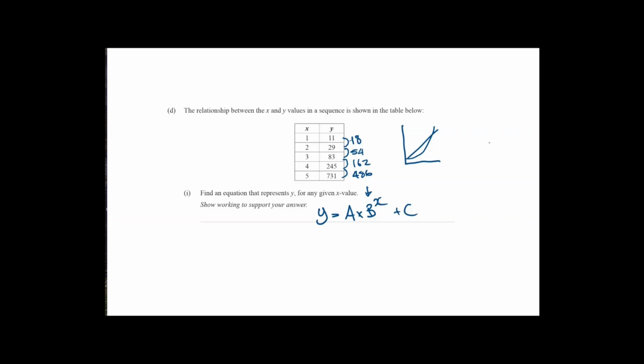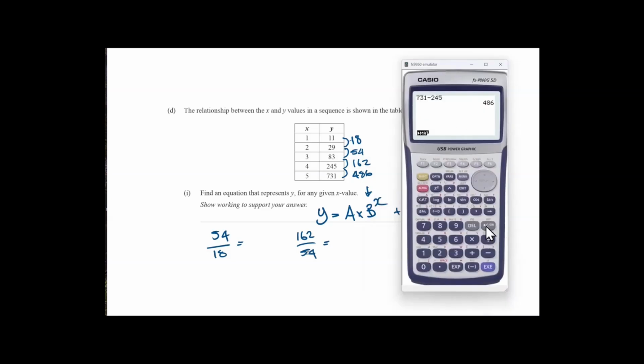And then what we're going to do is find the common ratio between those. So we're going to divide 54 by 18 and see what we get, and see if we get the same number if we divide 162 by 54. And if we get the same numbers for these, then we know that we're on to a winner.